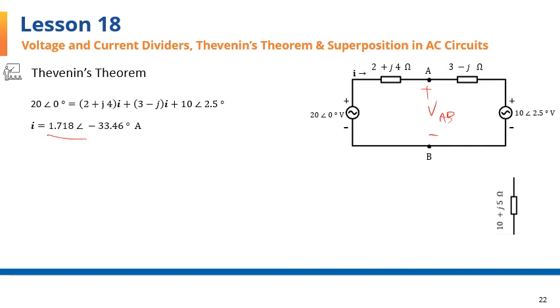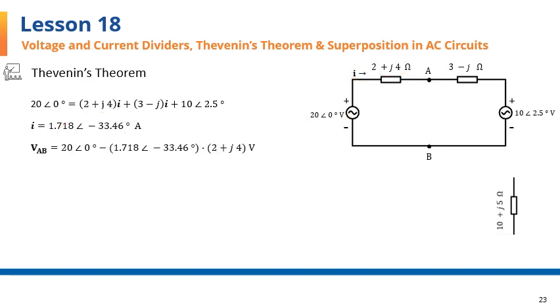And VAB will be then 20 minus the product of I and this impedance. I is found numerically, we have it. We multiply it by 2 plus J4 and subtract that voltage drop from the 20 volts to get the VAB.